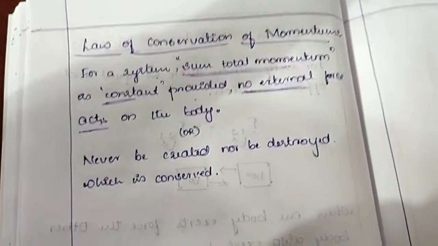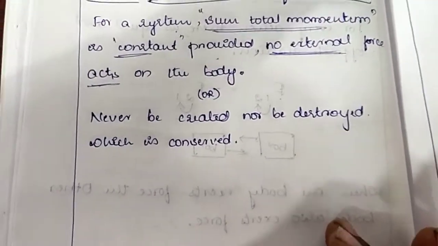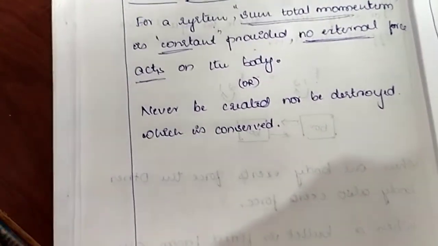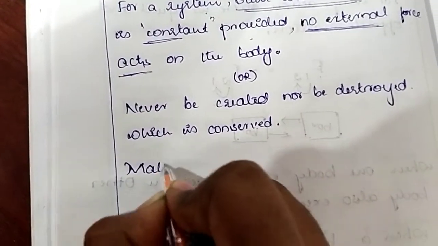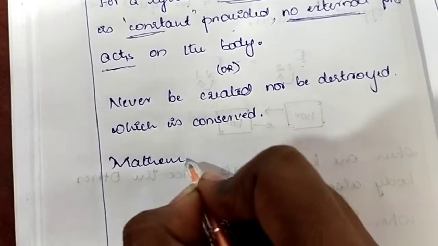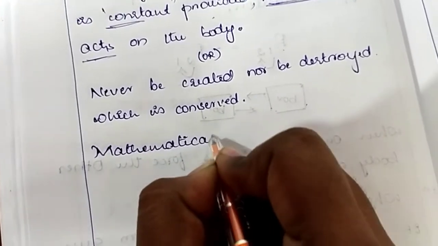This is the law of conservation of momentum. So, how do we take it in mathematical form? In mathematical form, we can derive this.